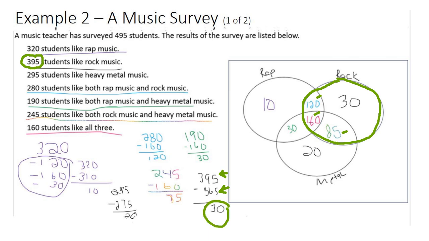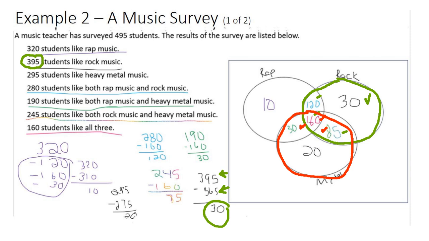And in the same way, we can focus on the heavy metal circle. And again, we already have 85, we have 160, and we have 30. So if we add those three together, then we end up with 275.